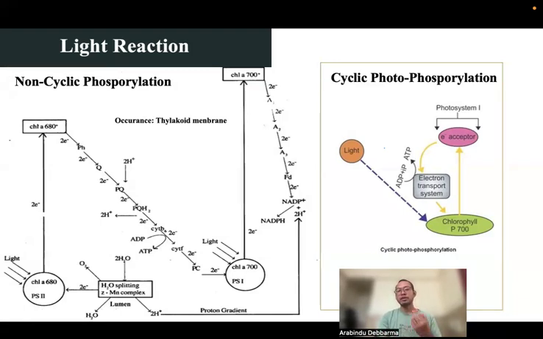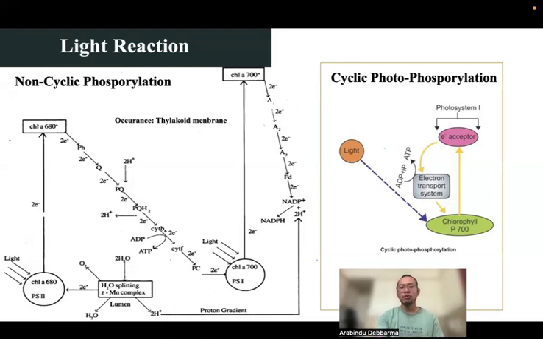During this transport of electrons, other coenzymes or elements also help them. These are copper and iron, which help in the transport of electrons from photosystem 2 to photosystem 1. During this transfer of electrons, ATP is produced from ADP.